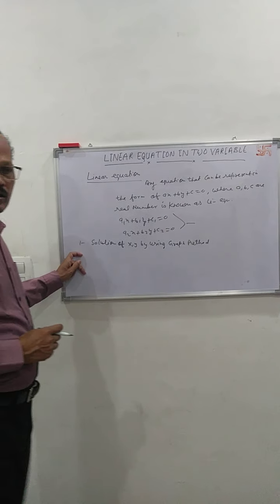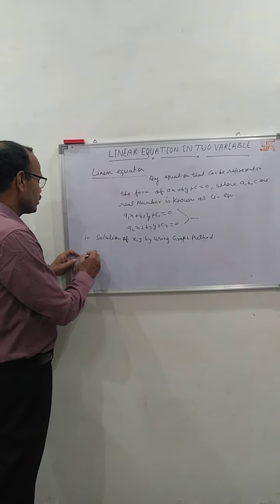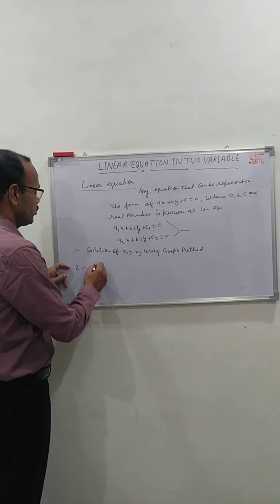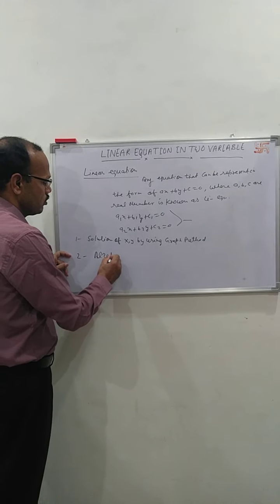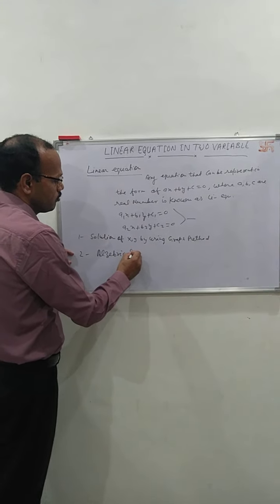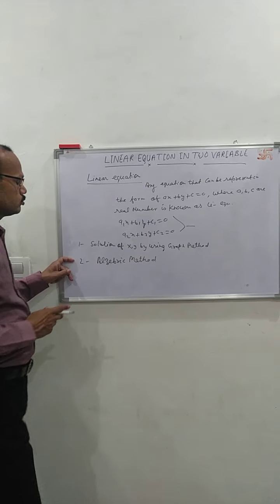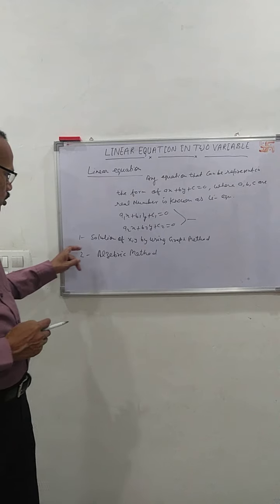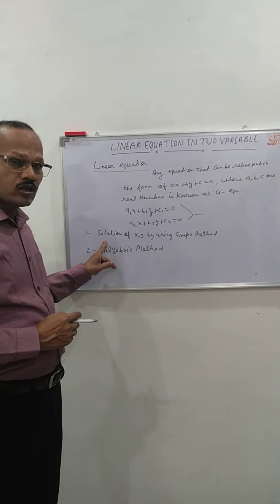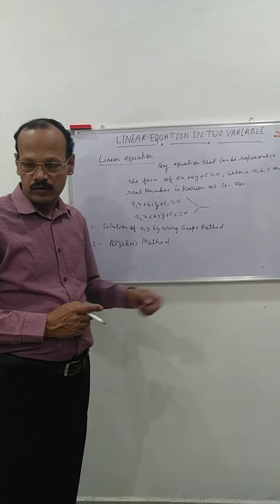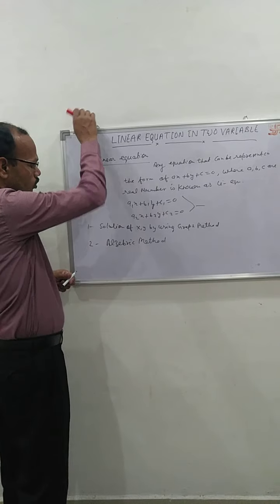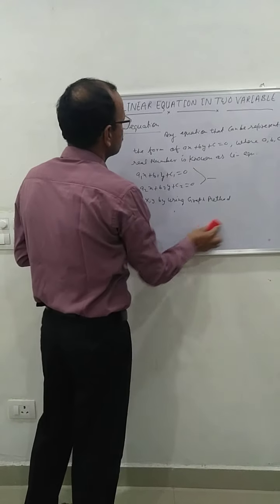And the second method is the algebraic method. So first we learn about the solution of x and y by using the graph method. So how can you solve it?